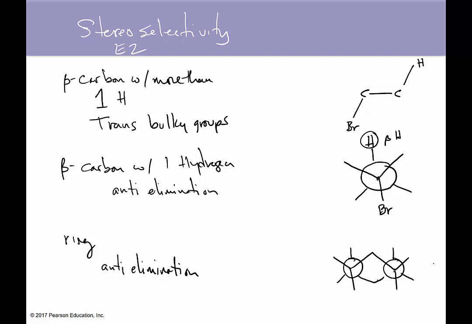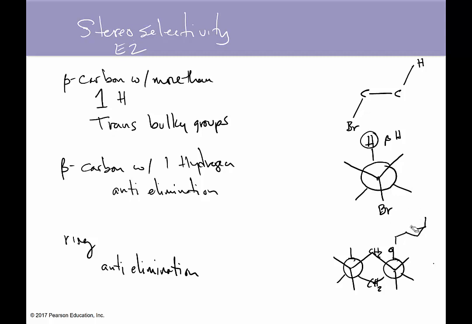This is a CH2 in the middle, and this is a CH2 in the middle. So remember, if you draw like that, there's an axial hydrogen here and an axial hydrogen here. This axial hydrogen is actually this one here.